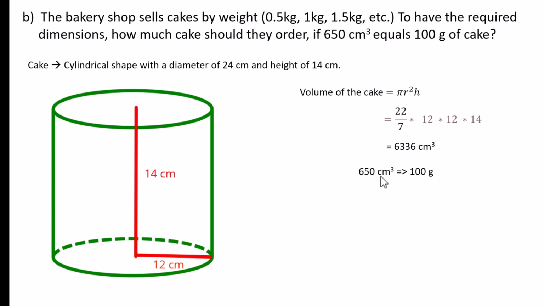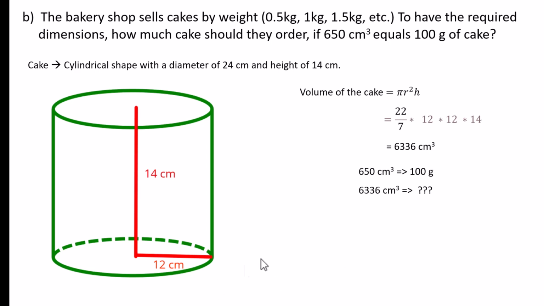So if 650 centimeter cube equals 100 grams, then how much would 6336 centimeter cube of the cake, that is actually required for the birthday celebrations for all the friends, equate to? What would be the gram or kilogram equivalent to 6336 centimeter cube of the cake?